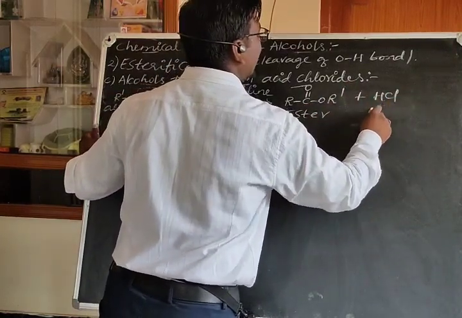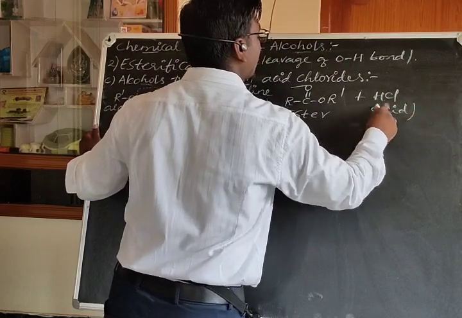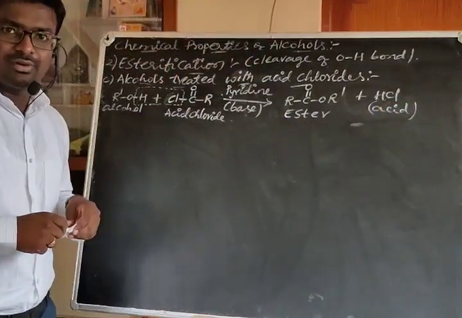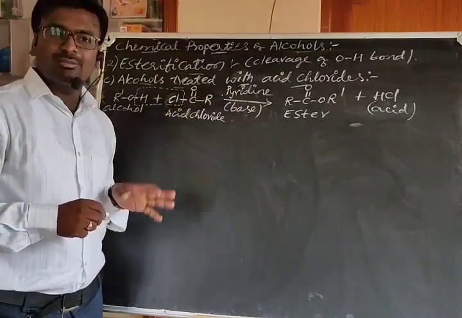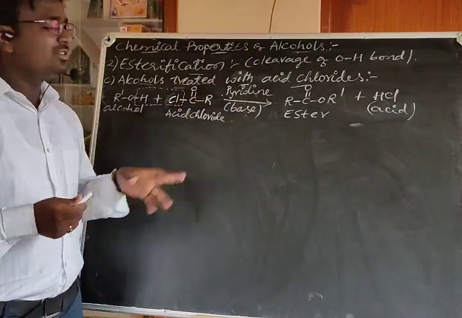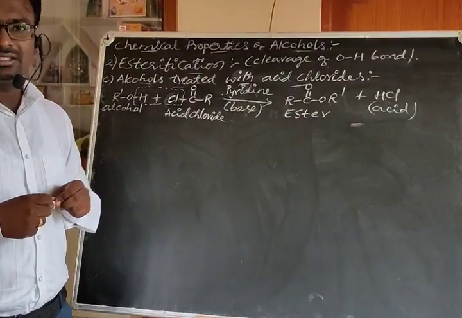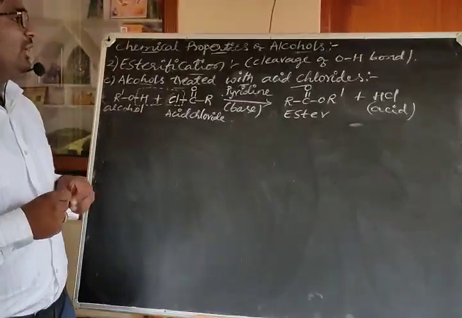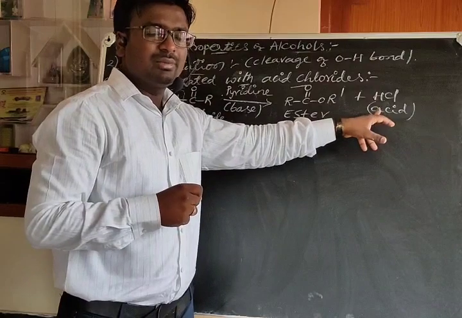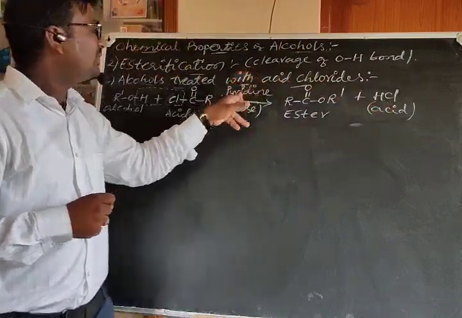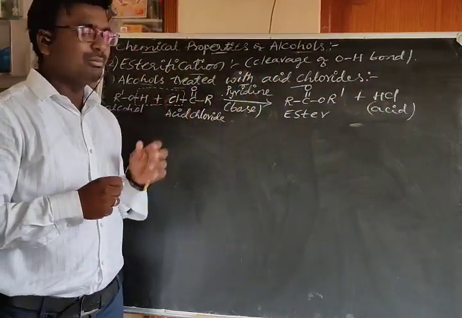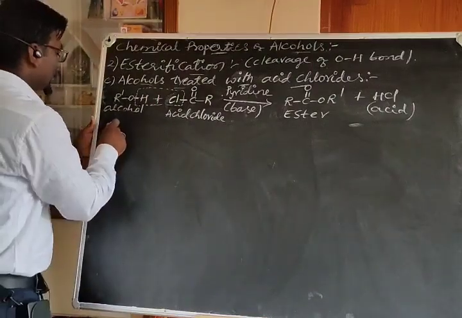HCl is an acid. To neutralize the acid formed, we use a base. What happens if you don't use the base? The reverse reaction takes place. That is why whenever HCl is formed as a byproduct, it is neutralized with a base, that is pyridine.